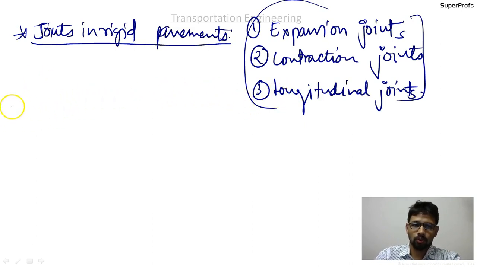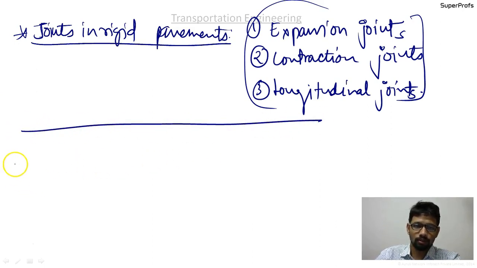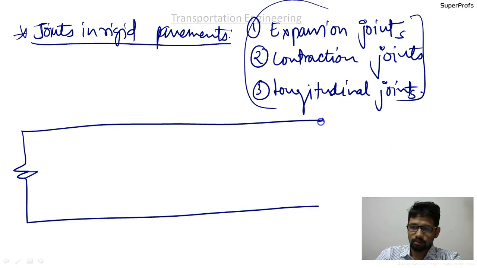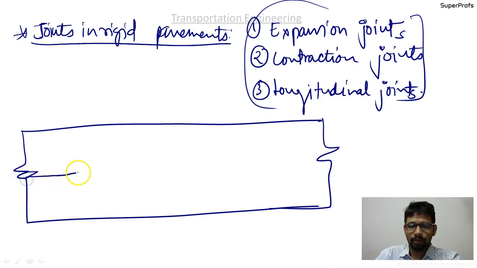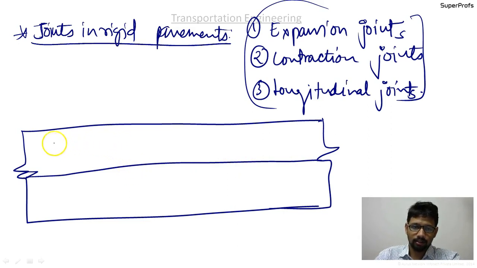Just for your information, I'll draw a plan view of a CC road. It is of this kind. In the center of the road, you can see that there is a line like this, and a few lines will be visible to you in this way.